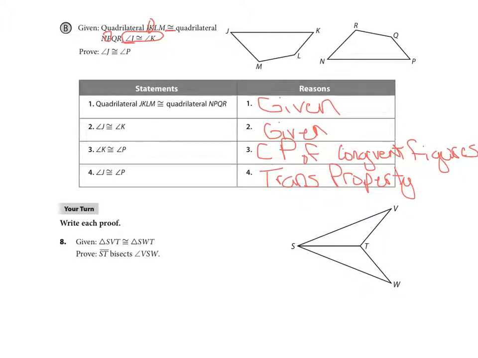It gave us J is congruent to K. And we know that K is congruent to angle P. Therefore, J is congruent to P. And I think that we're going to do the your turns of these in class together tomorrow. So that's it for this video.